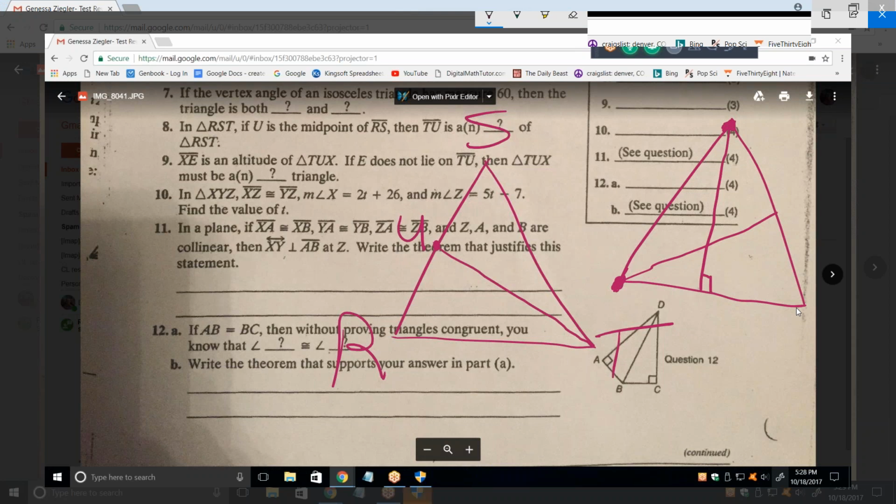That's a, forget the name of it. And the other one is where you start from a vertex and you go to the midpoint of the opposite side. That's a median.